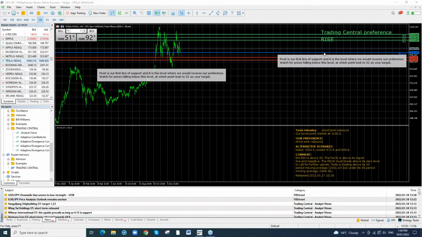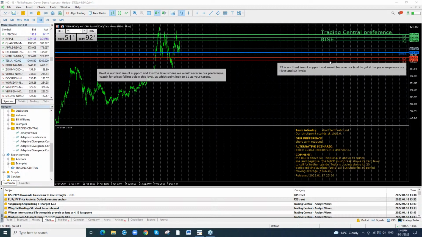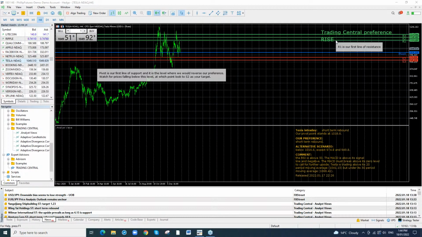So the pivot line is our first support line. Then you get the other levels in red and the levels also in green. Now, the job was done by our analysts, you can read exactly here in the comment section. So you can see that RSI is above 50, the MACD is above the signal line and it's negative.